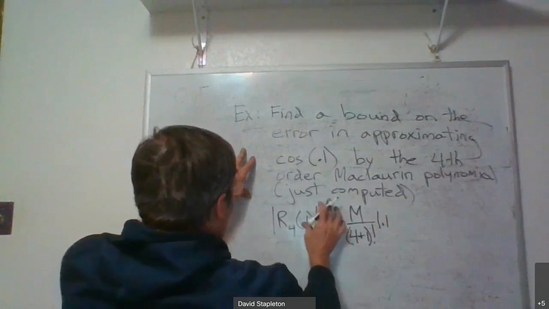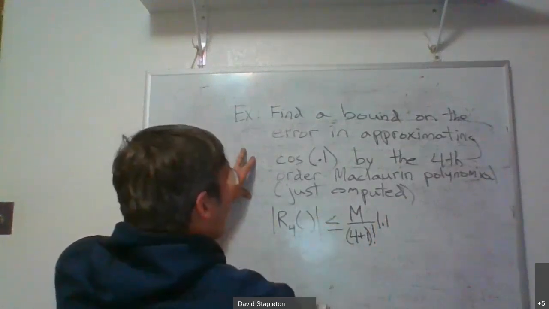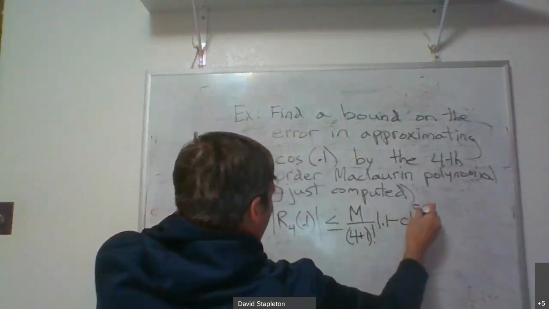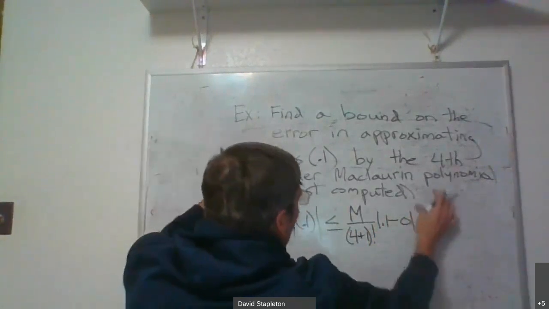Actually, let's do this. I'm going to do one more step. Times 0.1 minus 0 to the 4 plus 1.